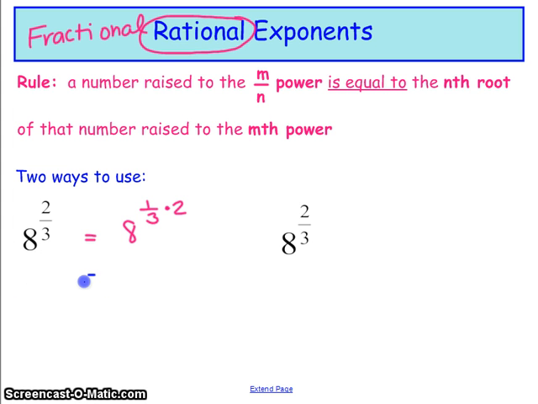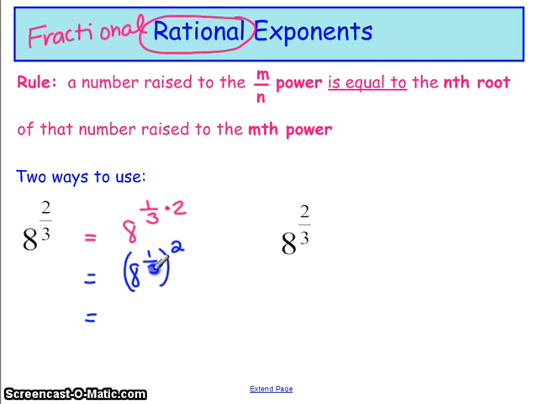So if we did that in the reverse, you could say that this was 8 to the 1/3 raised to the second power. So basically I used that power rule backwards. I undid the multiplication and broke it up.